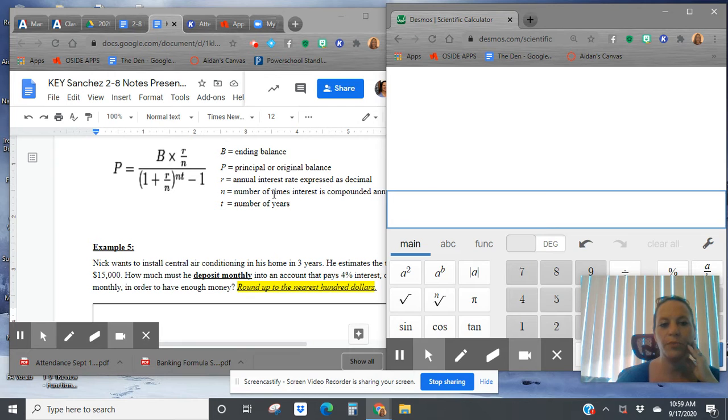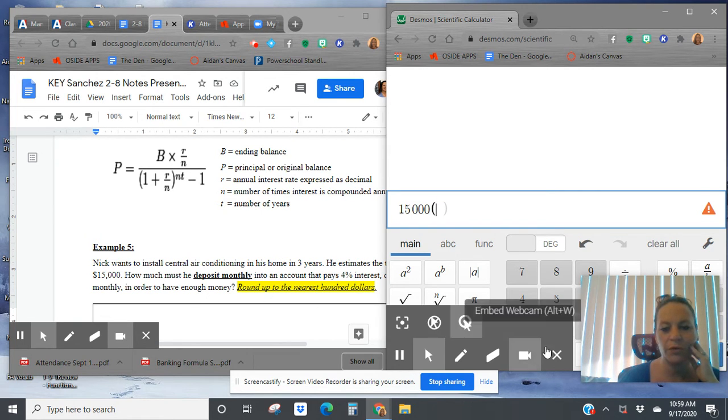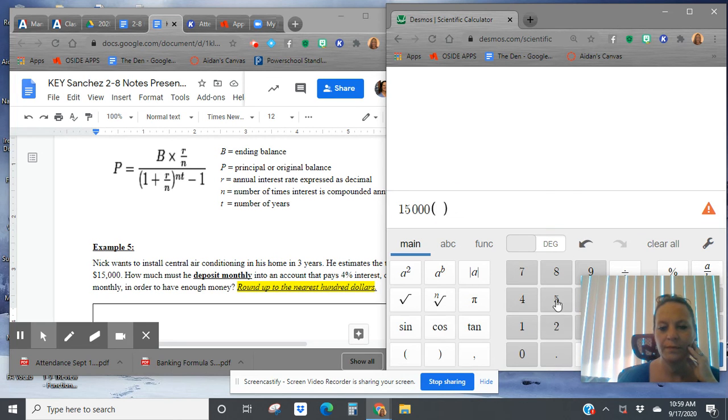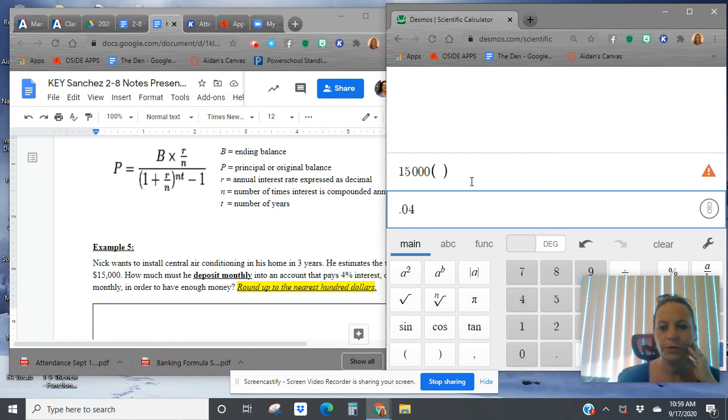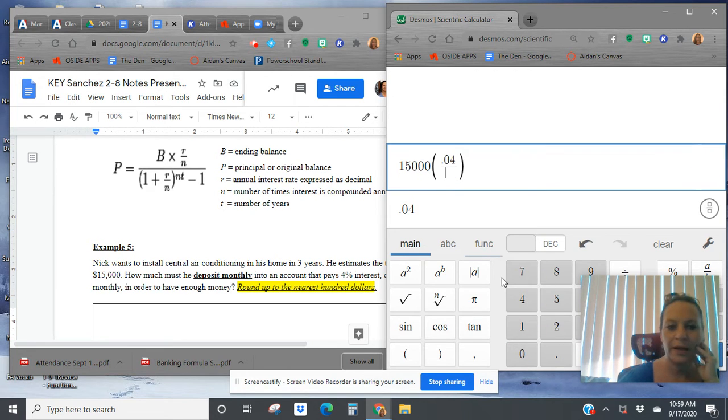So notice that the P here is what we're solving for. B is the ending balance of how much we're trying to end up with, of 15,000. And then the annual interest rate, so times the rate, which is 0.04, divided by compounding monthly.